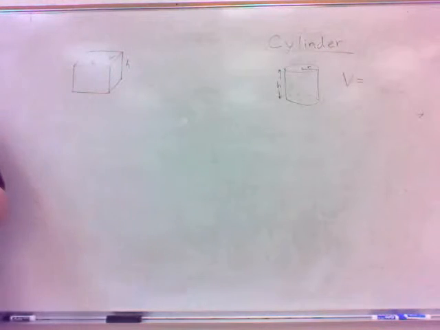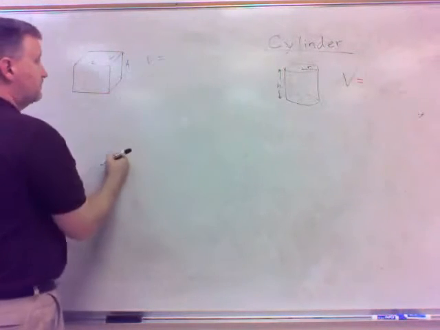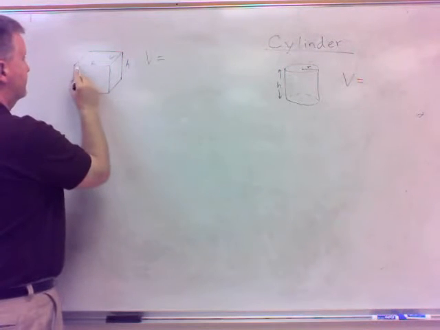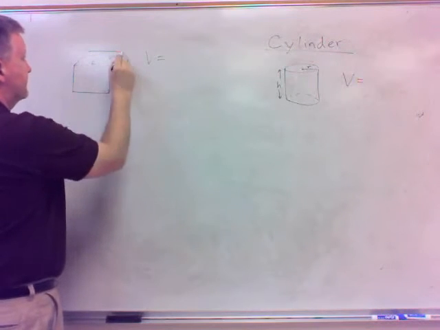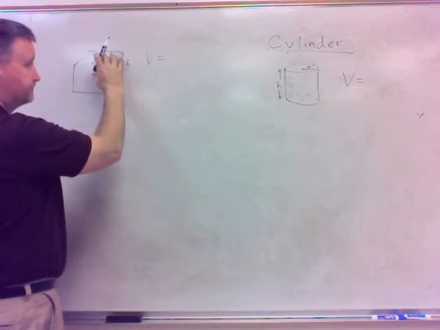Okay. Why do I mention that? Well, think about this. The volume formula is LWH for the box. What I started with was the rectangle, which is LW, area.